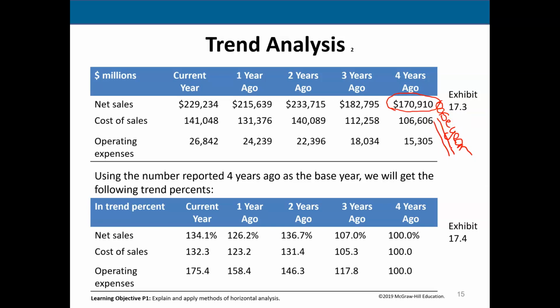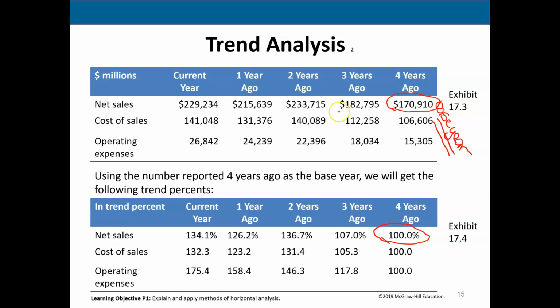That's why in trend percentages, you see it's 100%. Because you will take 170,910 and divide it by 170,910, and that's 1 or 100%.